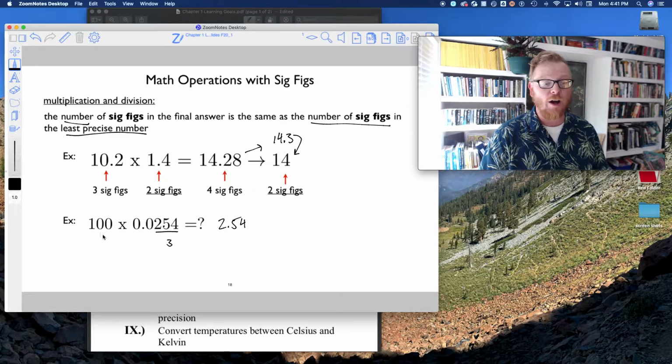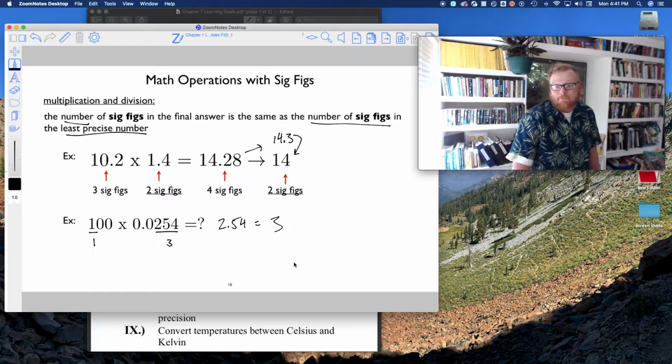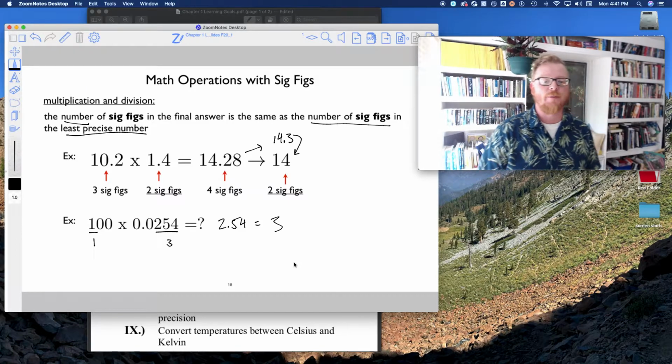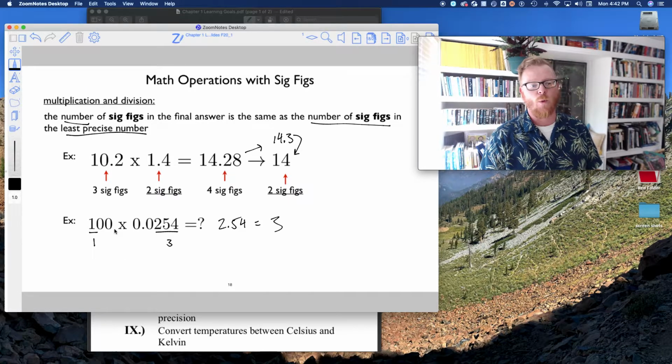But the number 100 only has 1. So technically, going by the rule of 5, we round, and this final answer is only going to have 1 sig fig, so we lost a lot of information there.